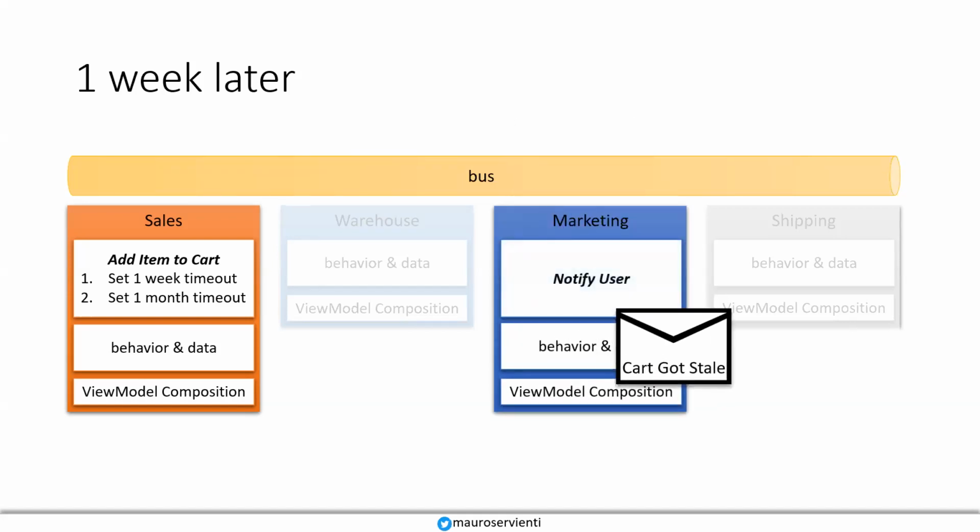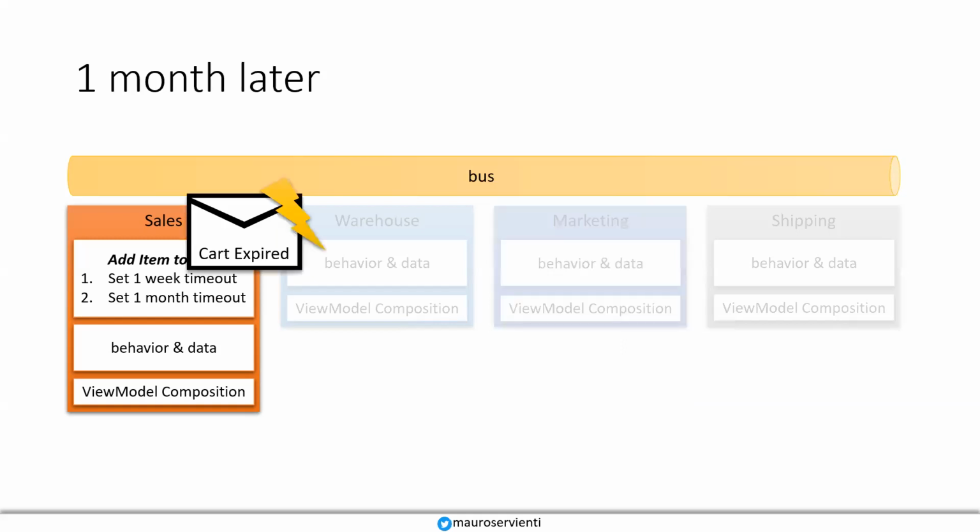So what marketing does is they notify users through an email. And if you think about it, the email might contain details about the shopping cart. And that's UI composition again. So the UI composition infrastructure kicks in to retrieve data about the stale shopping cart and provide a nice looking email to users saying, hey, you have these items in the shopping cart, they've been there for a few days, are you interested in buying them?